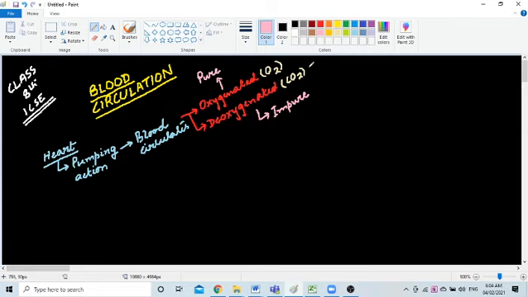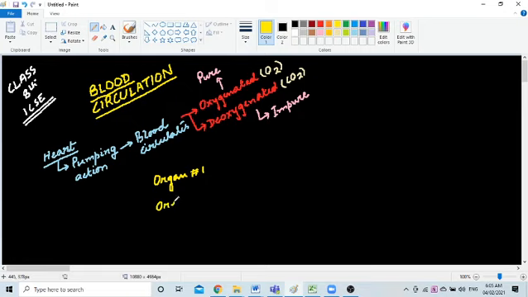Alright, so now this deoxygenated blood, or the blood which is rich in carbon dioxide, is collected from different organs of the body, right? So if we represent this, we can say organs of body: organ 1, it may be your legs, thighs, shoulders, hands, or wherever it is.